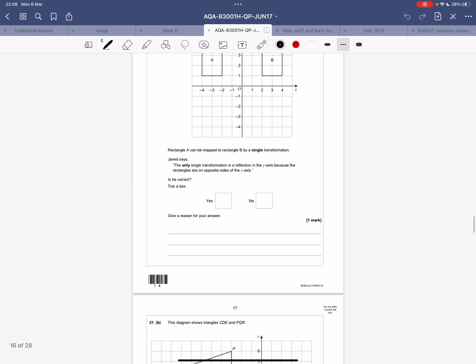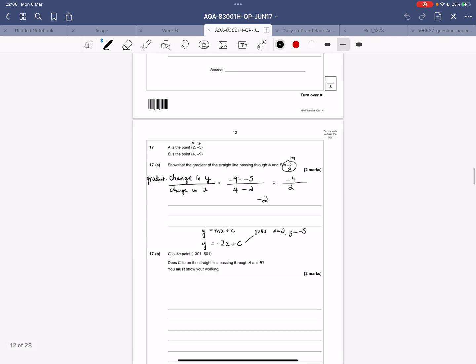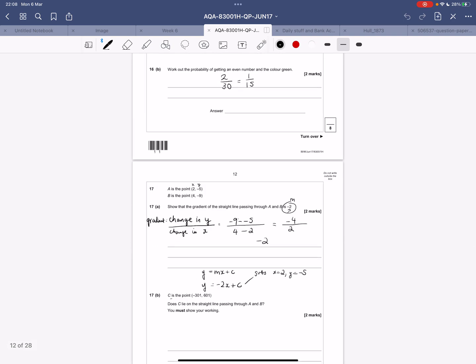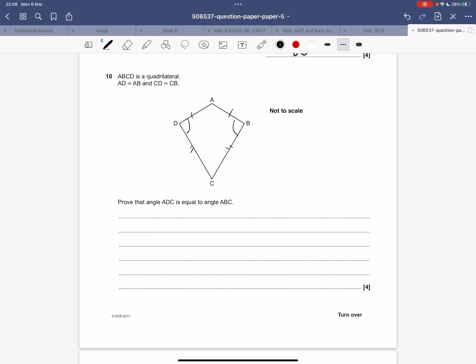It's question 21. It's question 10. Oh, huh.